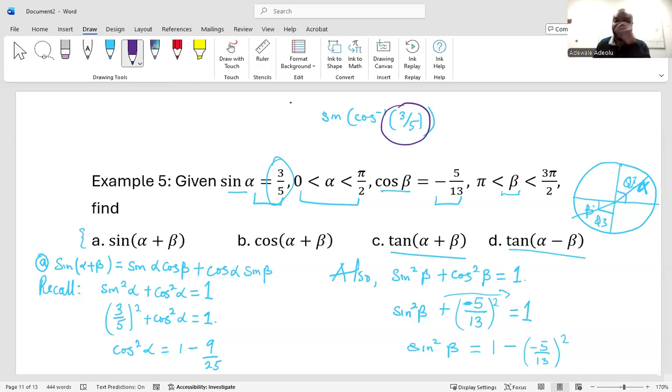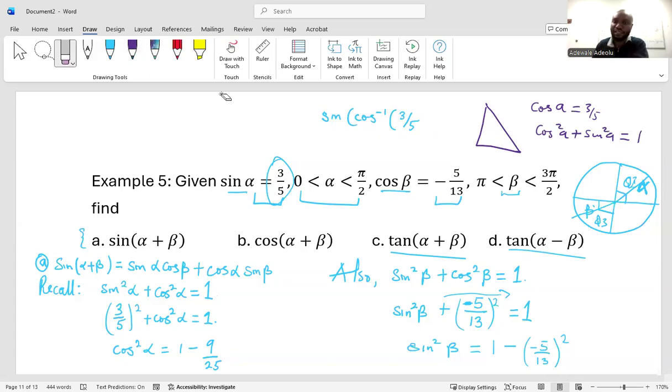Then we use the idea of SOHCAHTOA, creating a triangle to find that, or using the idea that cosine of some angle is 3 over 5, and you can say cosine squared of A plus sine squared of A is 1, and you can find your sine. So just reminding you that this is not the first time we are seeing a problem like this.